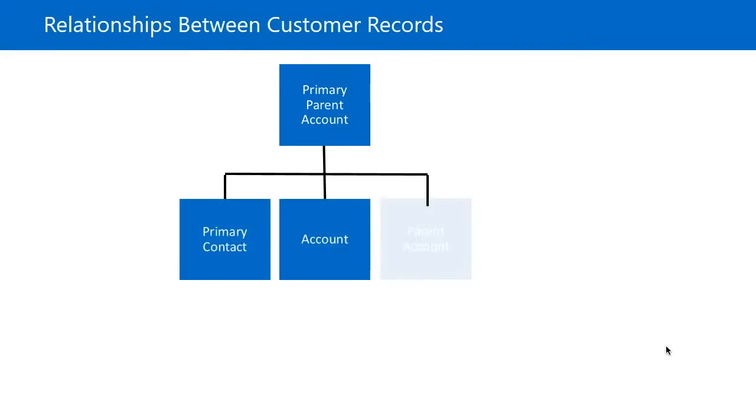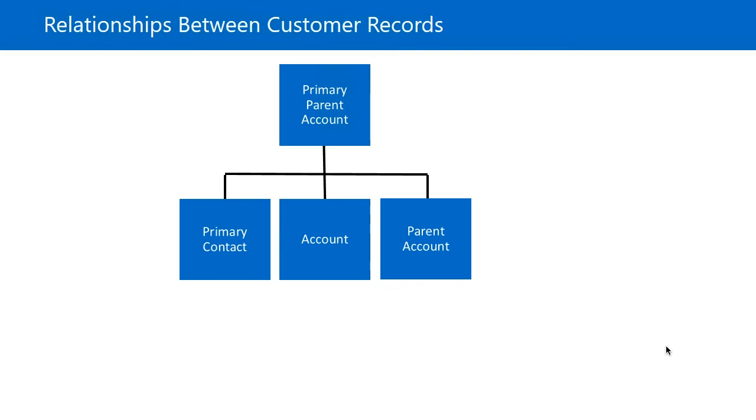So let's walk through an example of how customer records can be linked. As you can see, there's an account at the top of this hierarchy. Let's say it's Microsoft. Below that, we have the primary contact and parent account. Let's say the primary contact might be Satya Nadella. Additionally, there could be an account below that for each division, such as the Microsoft Office division, or perhaps the Windows Server division.